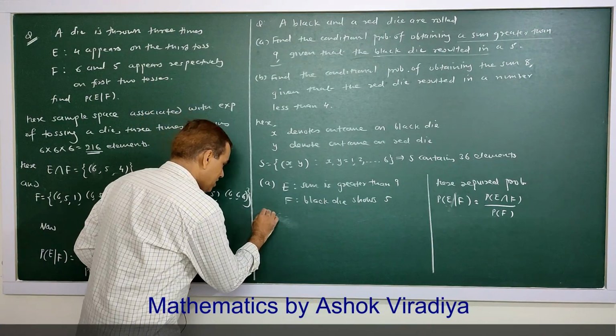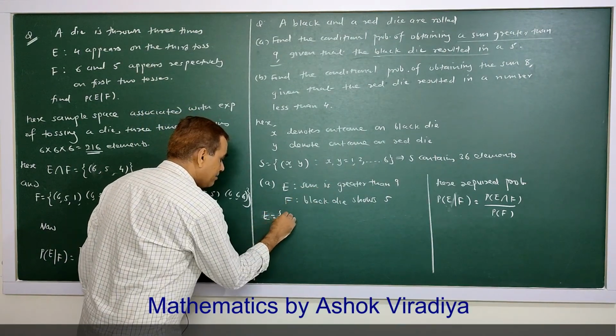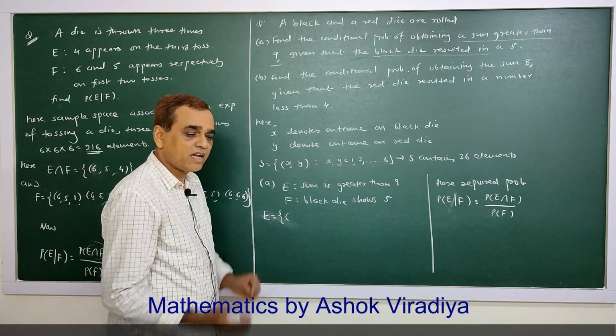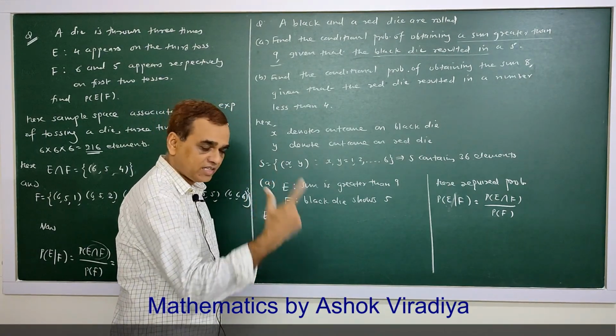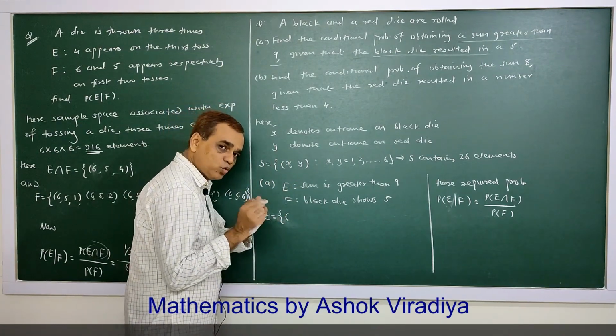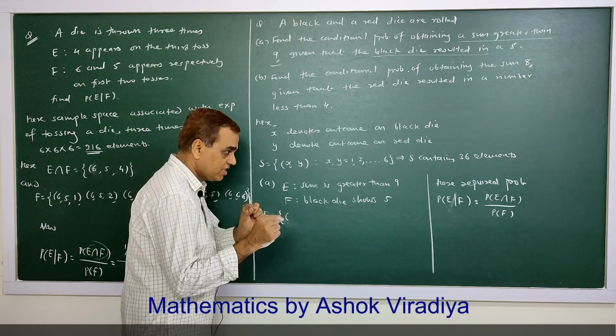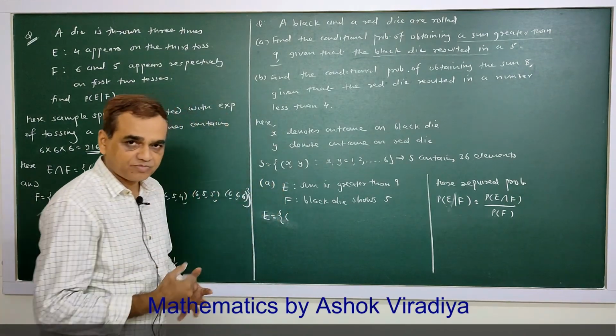So E is sum greater than 9. In the line of 1,1, 1,2, 1,3, up to 1,6, the maximum sum is 7. Then check 2,1, 2,2, 2,3, up to 2,6, so the sum is 8.